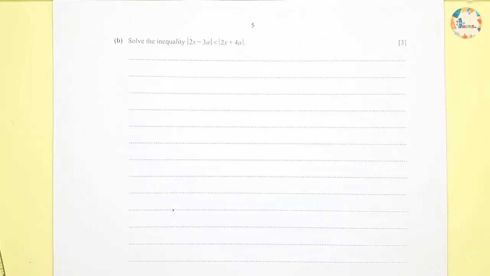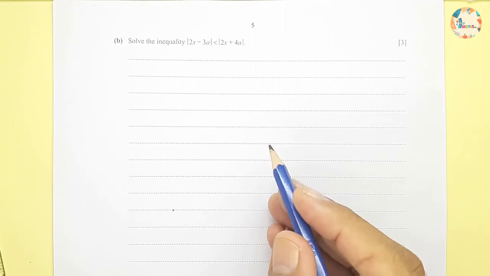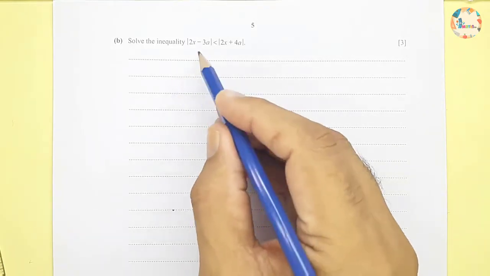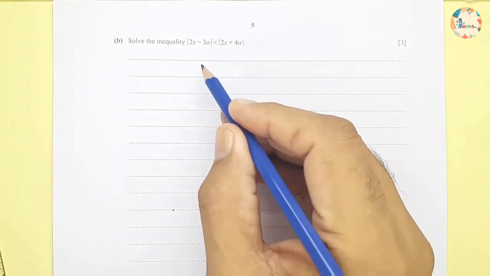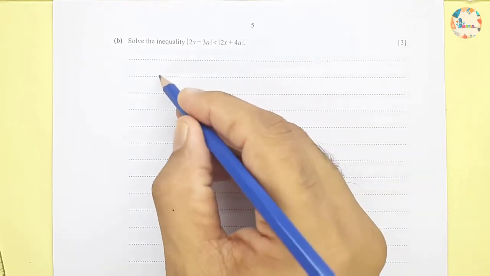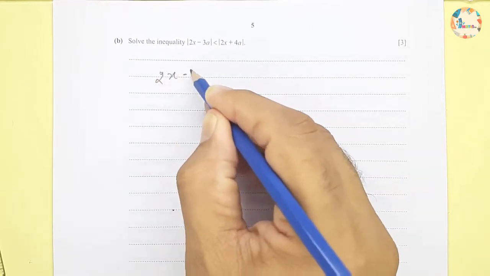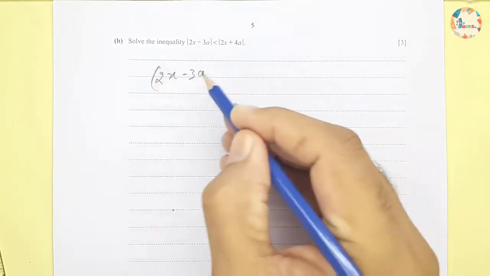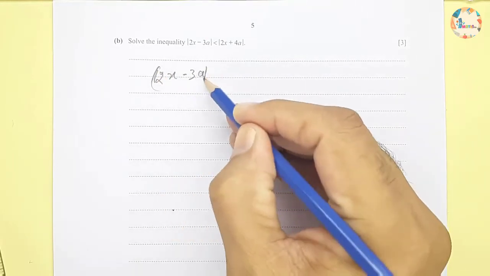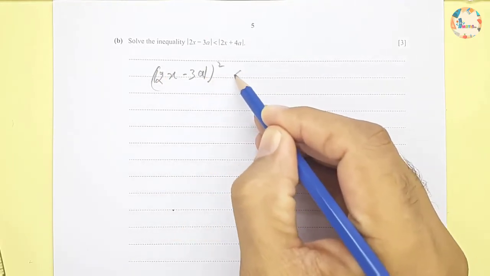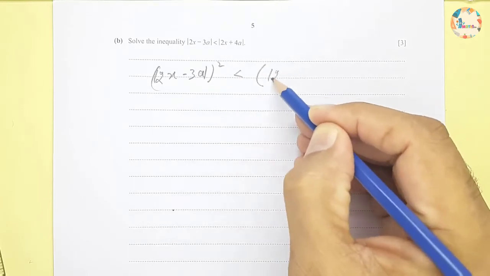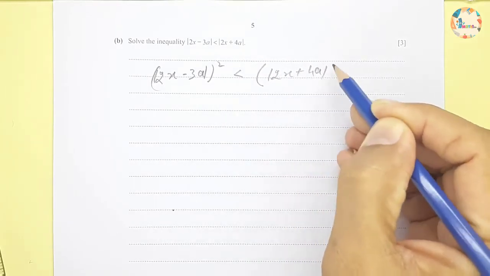Now part B, solve the inequality. So this inequality we have to solve. What we can do is first get rid of the mod. We can take the square on both sides: this side mod squared is less than the other side, 2x plus 4a mod squared.